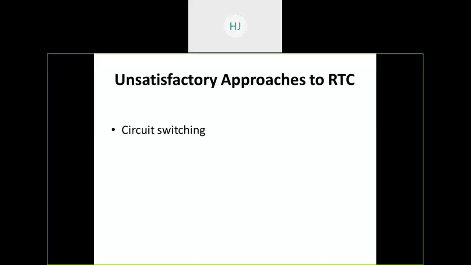This is the introduction of real-time communication, which is useful for multiprocessing. Now we can see what the unsatisfactory approaches to real-time communications are.